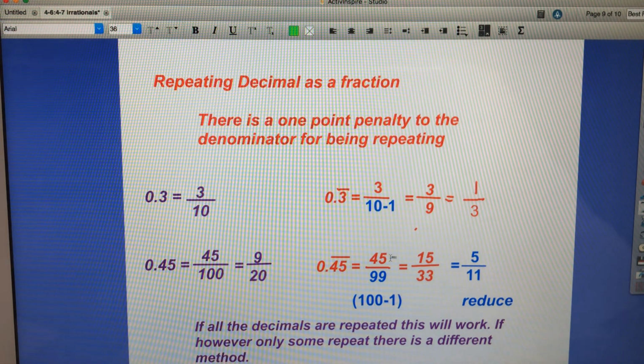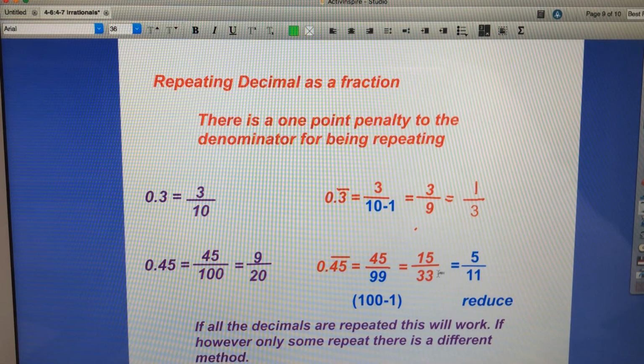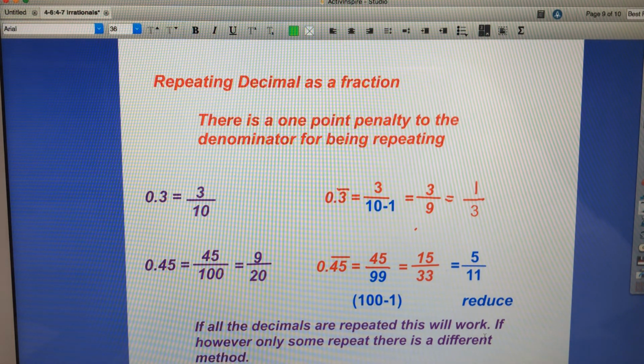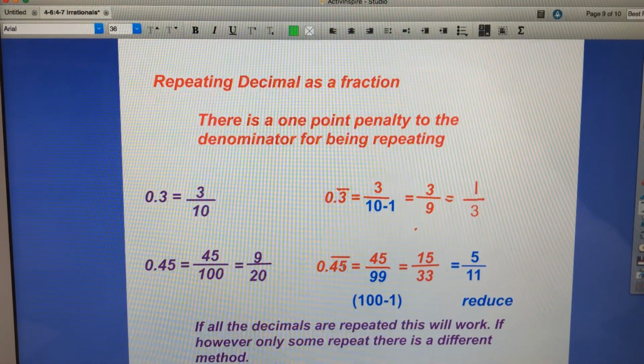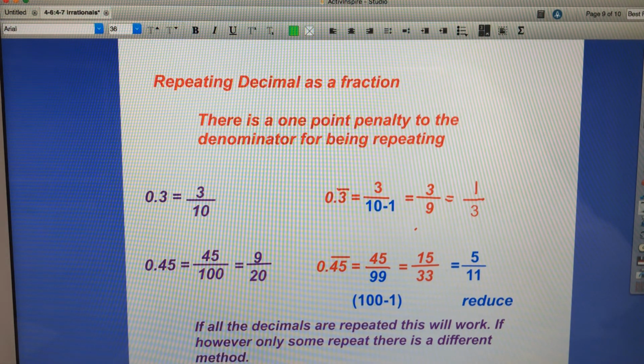0.45, 45 over, it should be over 100, but it's not. It's over 99. I get 15 over 33, which equals 5 over 11. If all the decimals are repeated, this will work. If, however, only 1 was repeated, like if only the 5 was repeated, there is a completely different method, which is way more high-tech than what we're going to get into right now.